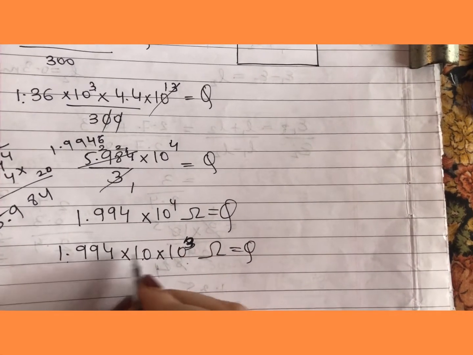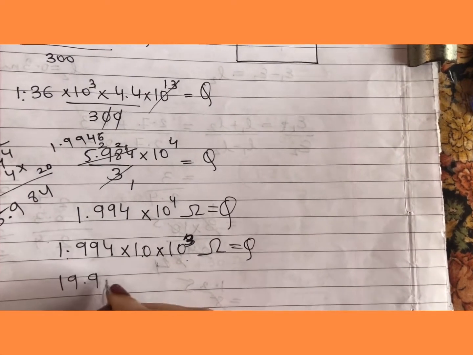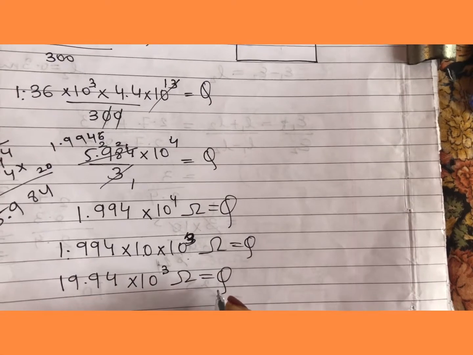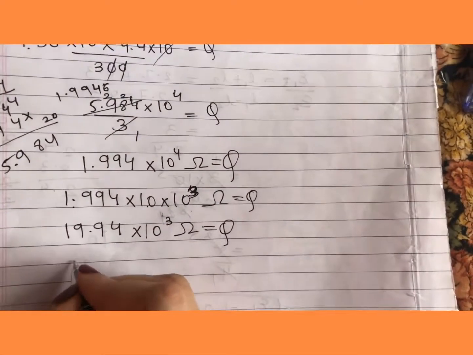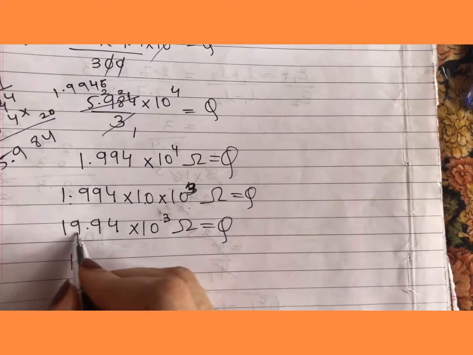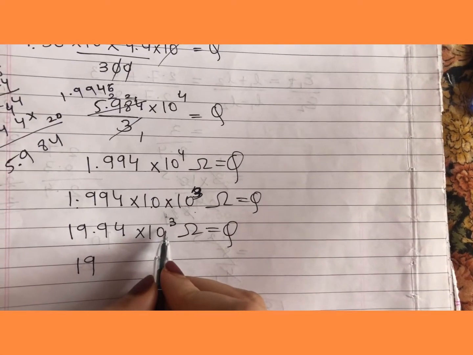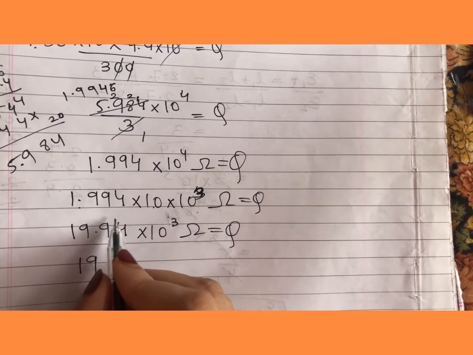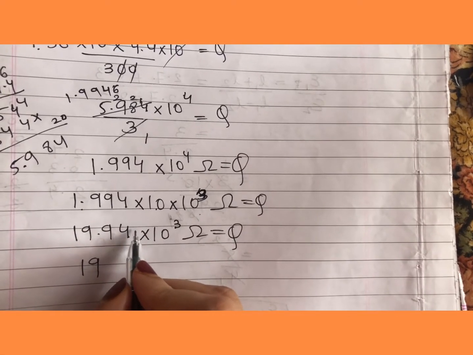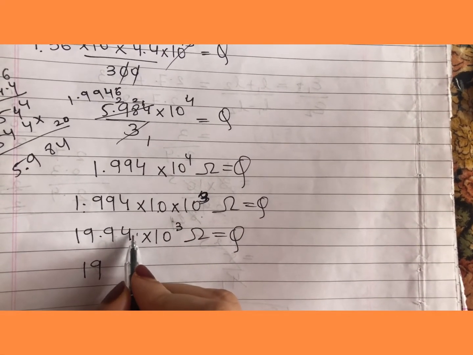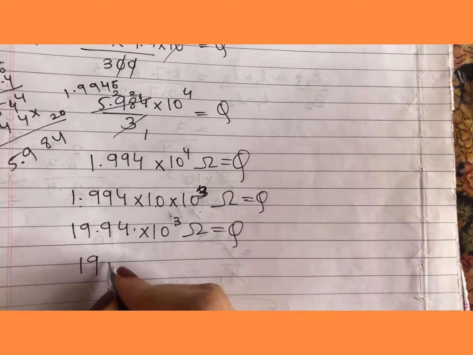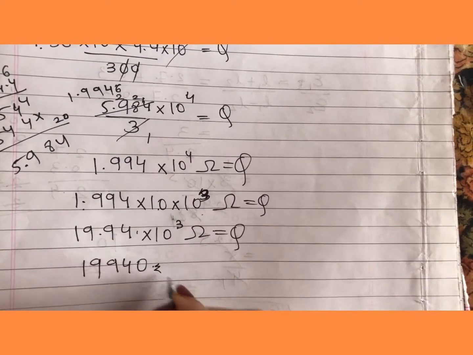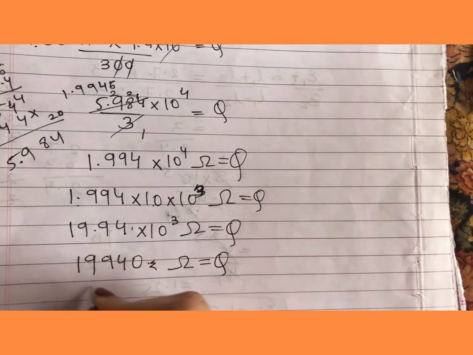So 1.994 into 10 gives me 19.94 into 10 raised to 3 ohm is equal to Q. I can also write it: 19.94 into 10 raised to 3 means the point will shift 3 digits. 1, 2. We don't have a digit over here, so let's write 0. So 3 means it is 19940 ohm is equal to Q.